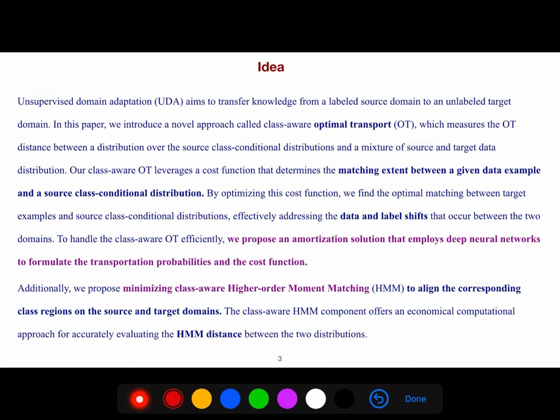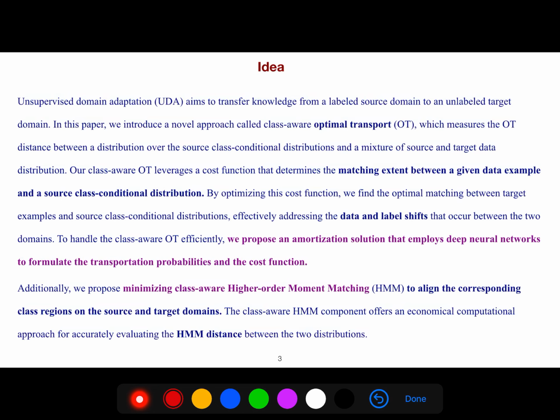To handle the class-aware optimal transport efficiently, we propose an amortization solution that employs a deep neural network to formulate the transportation probabilities and the cost function. Additionally, we propose minimizing class-aware high-order moment matching to align the corresponding class regions on the source and target domains.